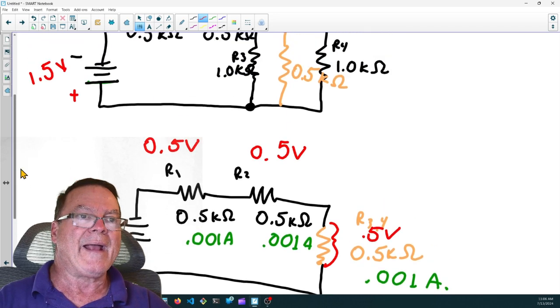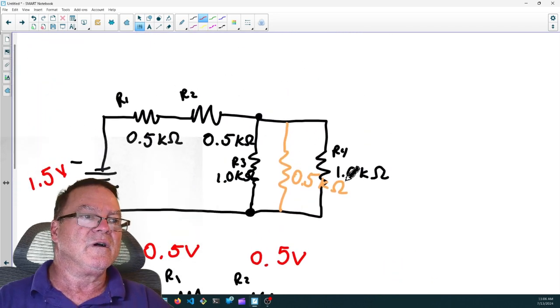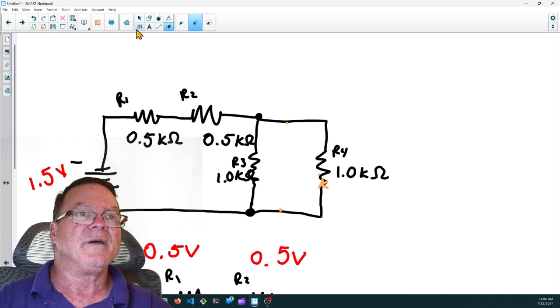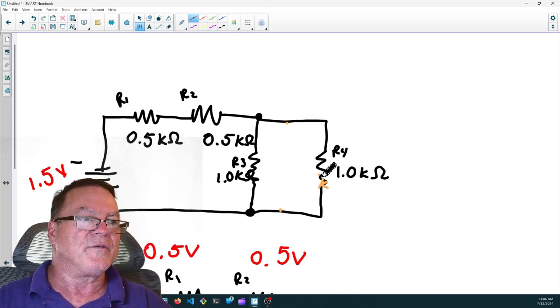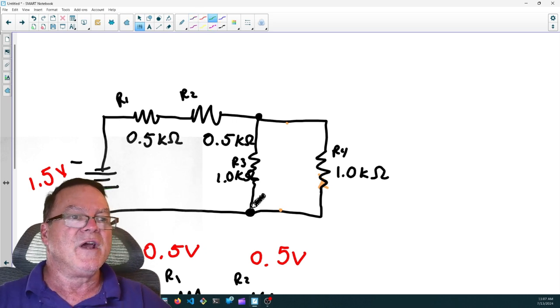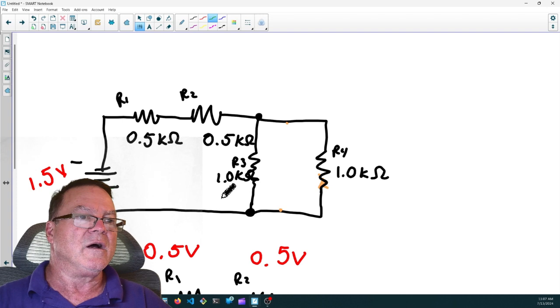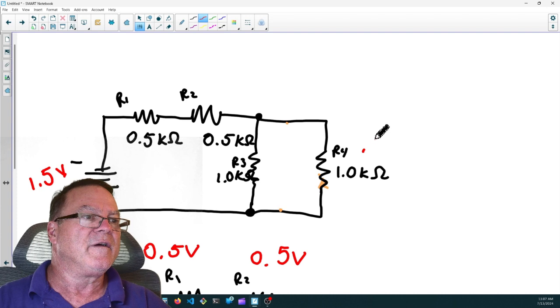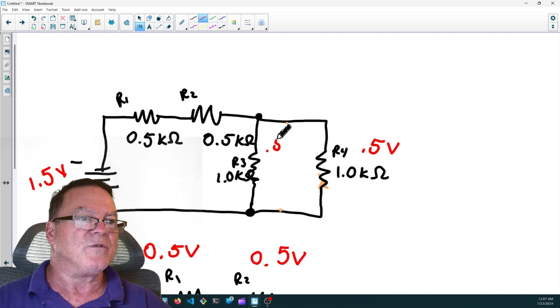If we were to go back up to the original circuitry, I will take this equivalent resistor out of the circuit. We will find our voltage. We have 0.5 volts dropped across R4, and we have 0.5 volts dropped across R3.